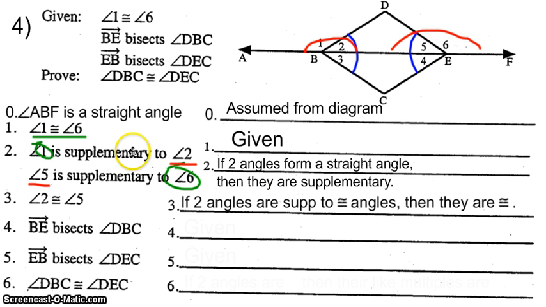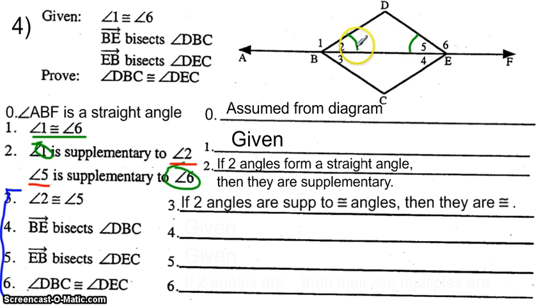So the beginning part was really a review of the previous lessons, and then the concluding steps are what we've been talking about today. We have that angle 2 is congruent to angle 5. So if we go into our diagram and look, we have angle 2 congruent to angle 5.